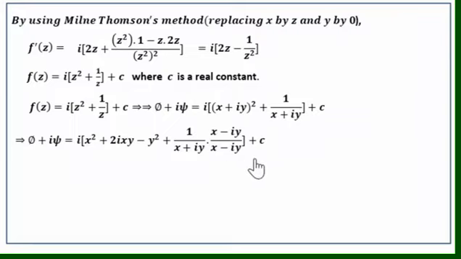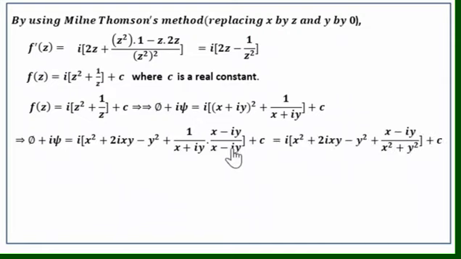In the next step this equals i into x square plus 2ixy minus y square, plus, since the denominator is of the form a plus b into a minus b, which is a square minus b square, x square minus i square y square, but i square is minus 1, so we have x square plus y square, and the numerator is x minus iy, plus c.